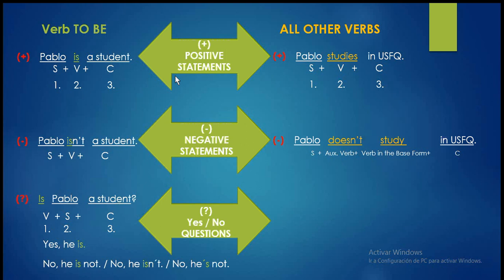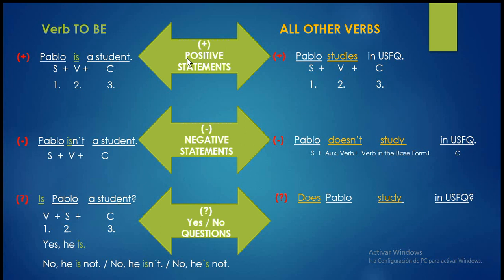Okay, we have a negative here. For negatives, we need an auxiliary verb. Pablo doesn't study in Universidad San Francisco. So we have doesn't, the auxiliary verb, and the verb study in the base form, that means without conjugation.